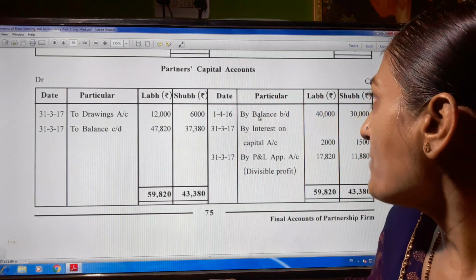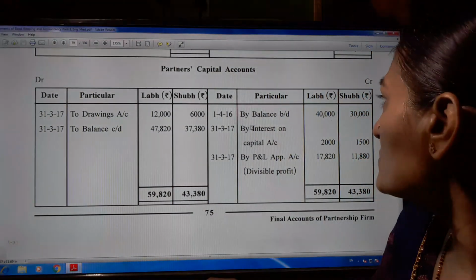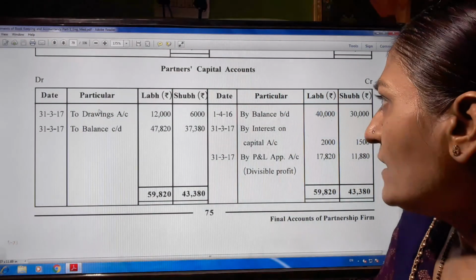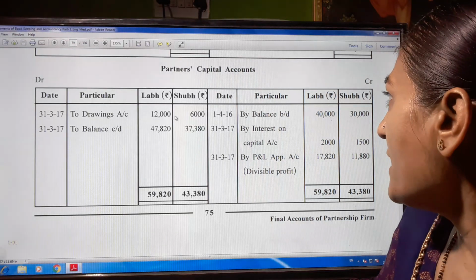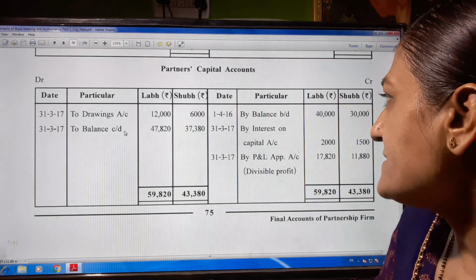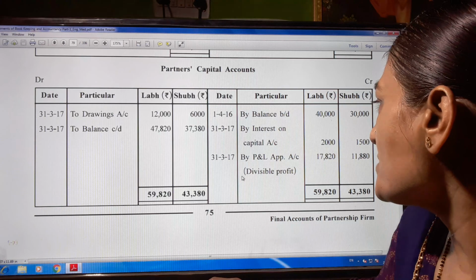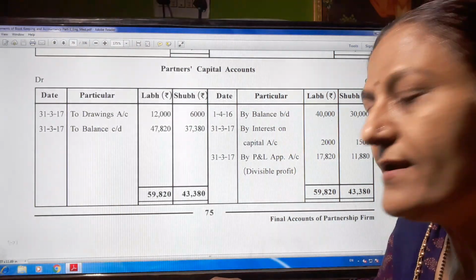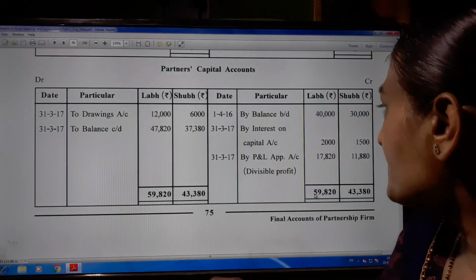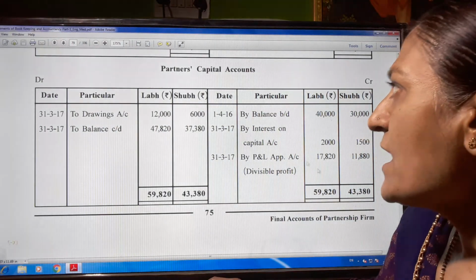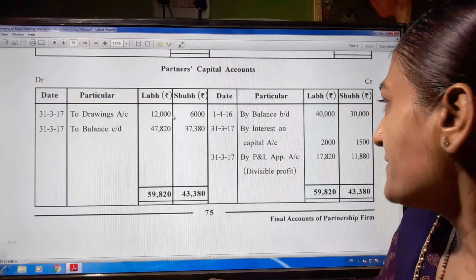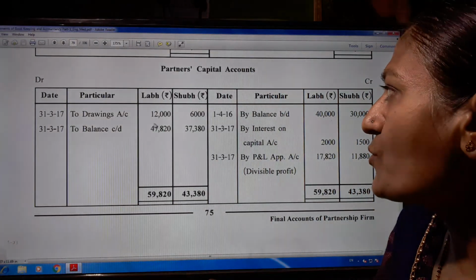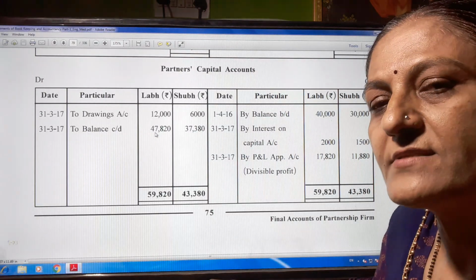Now we prepare the partners capital account. Partners capital account by balance brought down 40,000, 30,000, interest on capital 2,000 and 1,500. Drawing account 12,000 and 6,000 to balance carried down, after by profit and loss appropriation account divisible profit 17,820 and 11,880. Credit side of Labh is 59,820 and debit side it is 12,000. 59,820 minus 12,000, then the difference amount we find out is 47,820.